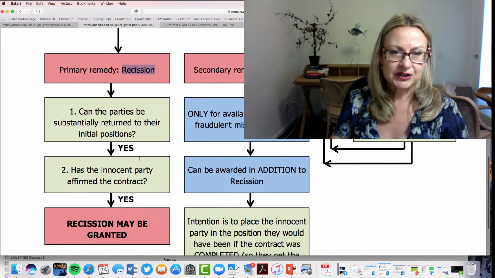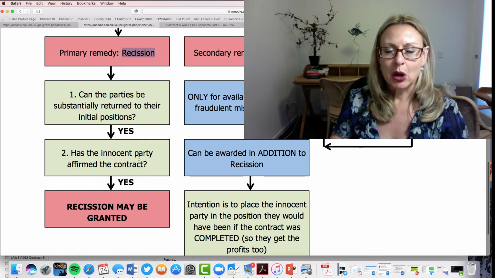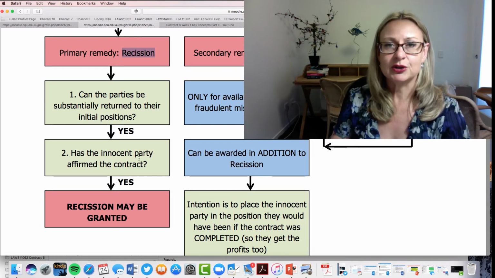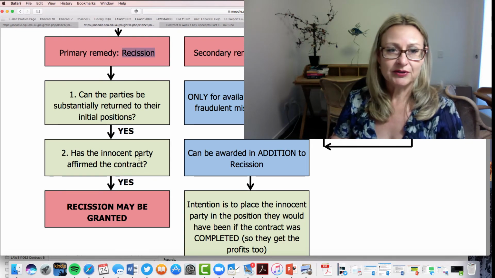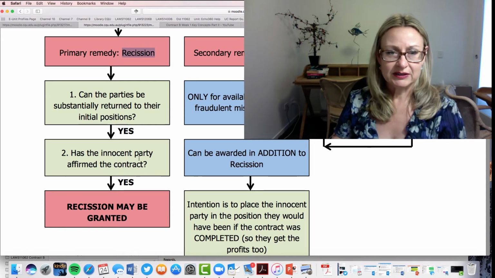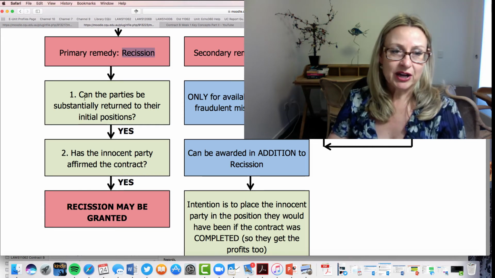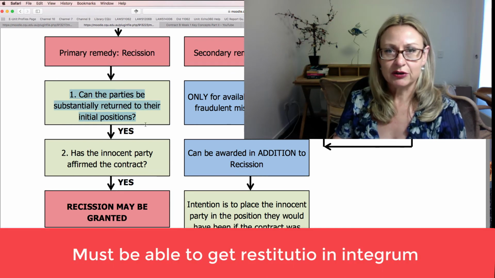So rescission will be possible where there is no subsequent intervention of any of those factors that I mentioned to you in the week 1 video on remedies that would destroy your right to rescind. So you need to have the possibility of restitutio in integrum.